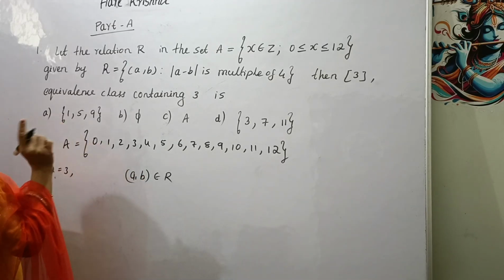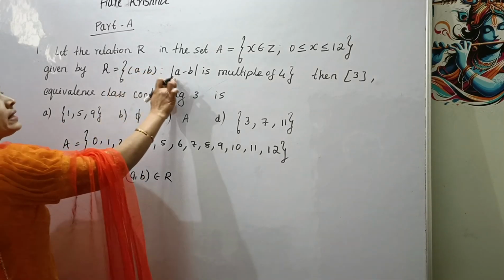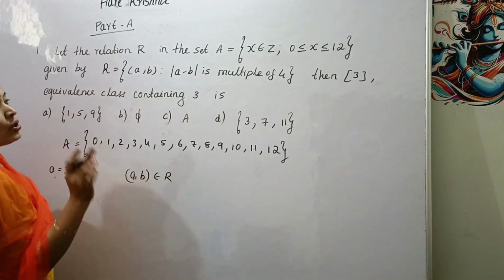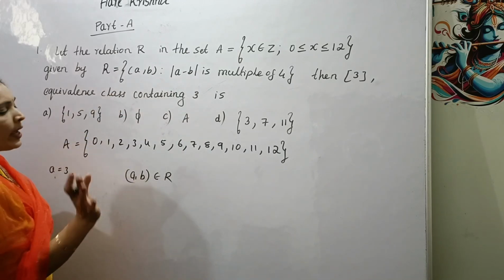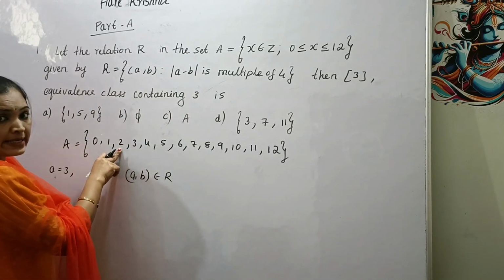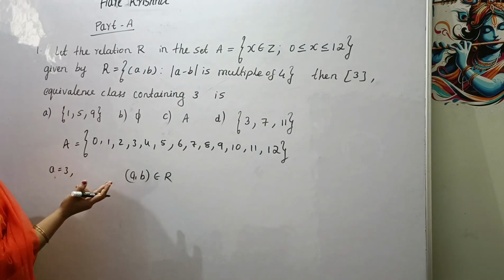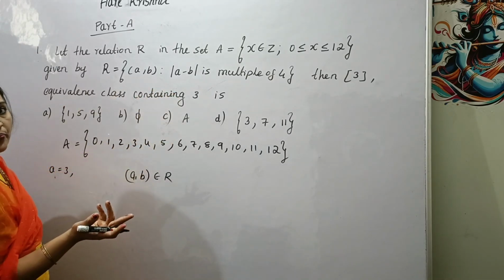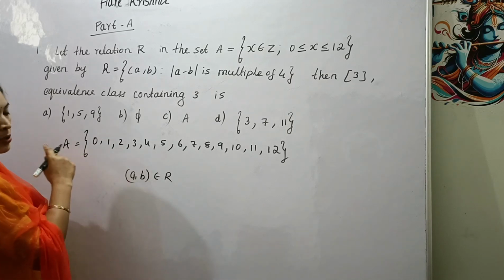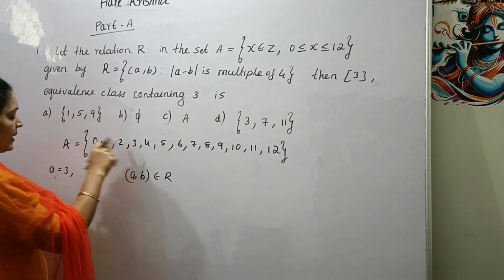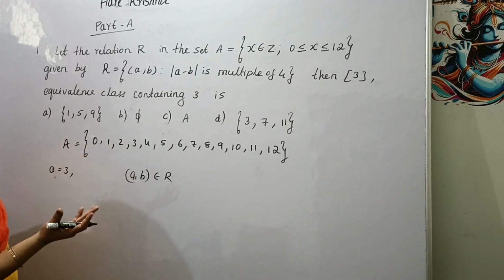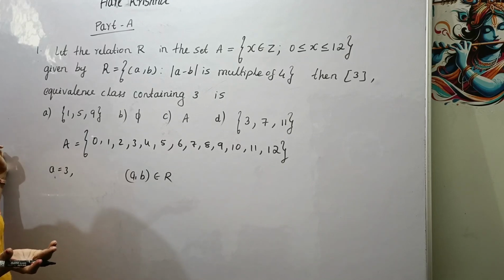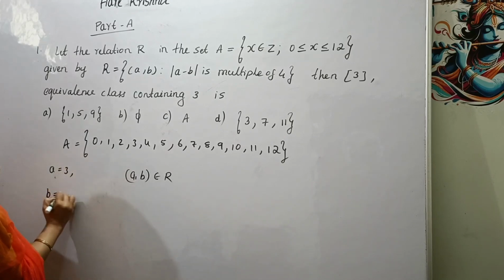Next, b equal to 1: 3 minus 1 is 2, not a multiple of 4, so 1 is not possible. Next, 2: 3 minus 2 is 1, not a multiple of 4, also not possible. Next, 3: 3 minus 3 is 0. 0 is a multiple of 4. Yes, correct.